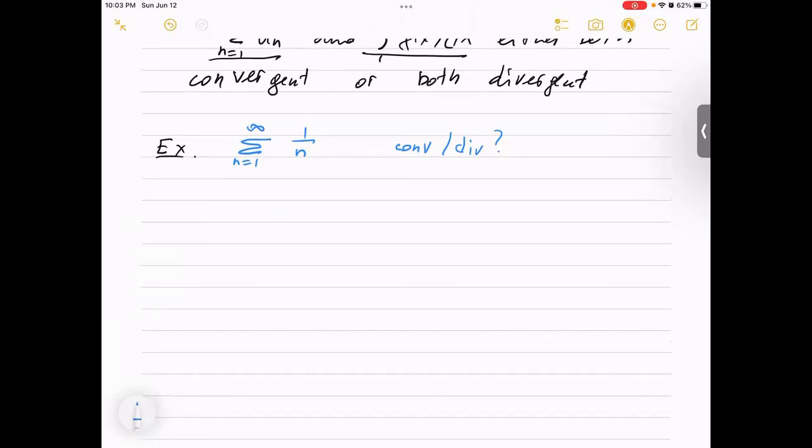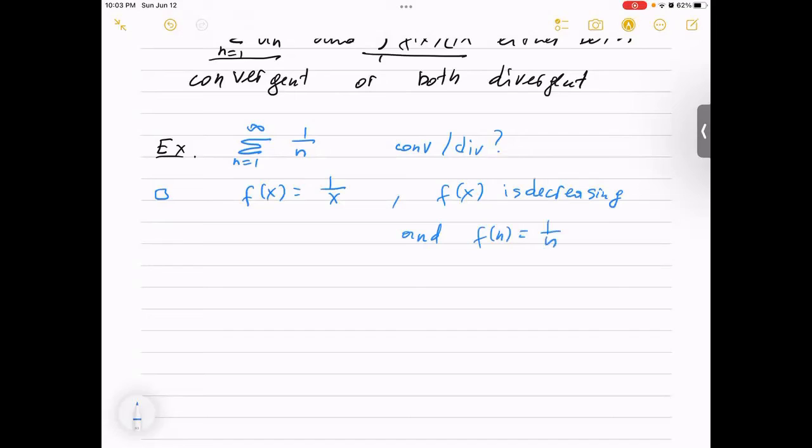So let's try. We're going to look at a function f of x which equals 1 over x. f of x is going to be decreasing, and f of n is going to be equal to 1 over n.